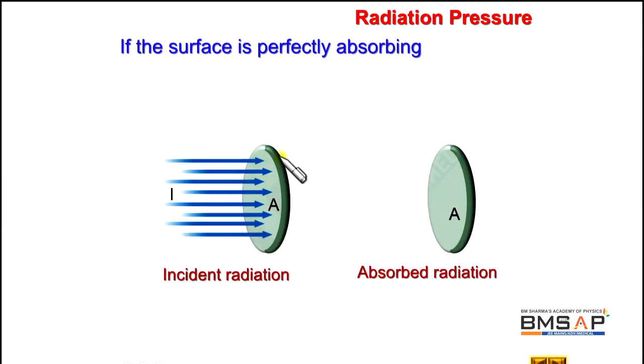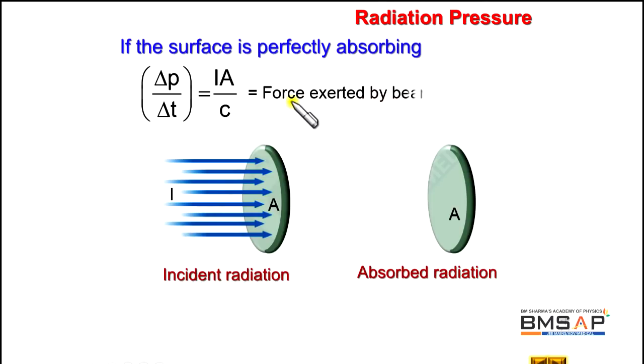That means the change in linear momentum during this situation is delta P by delta T equal to IA divided by C, right? And this is nothing but the force exerted by the beam on the surface.